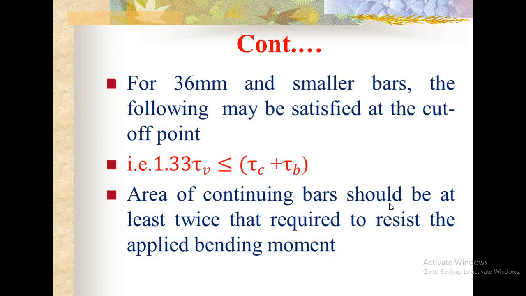For 36 mm and smaller bar, the following may be satisfied at the cutoff point, that is 1.33 tau v should be less than or equal to tau c plus tau b. The area of continuing bars should be at least twice that required to resist the applied bending moment.